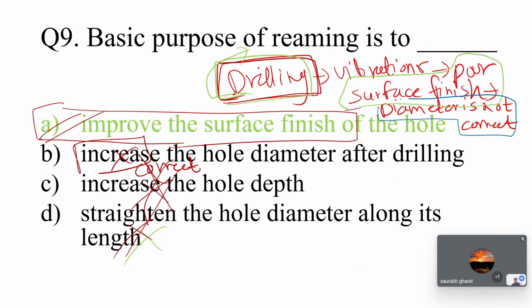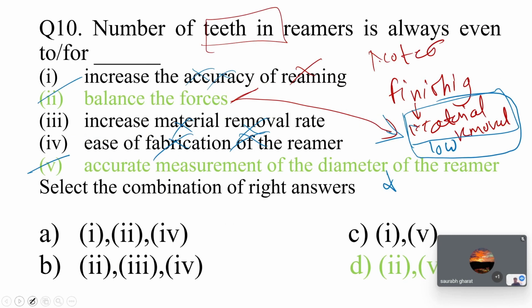To make the diameter correct, we need accurate measurement, which needs a vernier caliper. In that case, both of your cutters will be in the same plane.